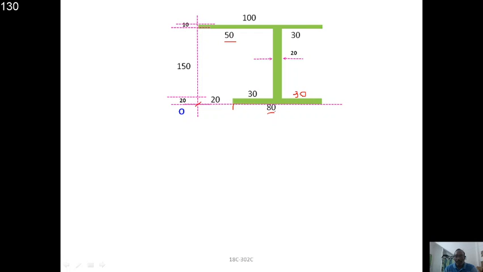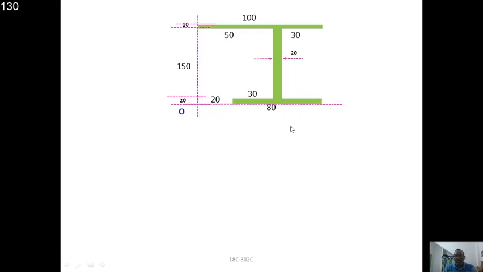Now this will become 80: 30 plus 30 is 60, plus this 20, total 80. So this is 30 and this portion is 50. Then what is this distance? 50 minus 30, you get 20. So this is the way to calculate the unknown values of the dimensions.